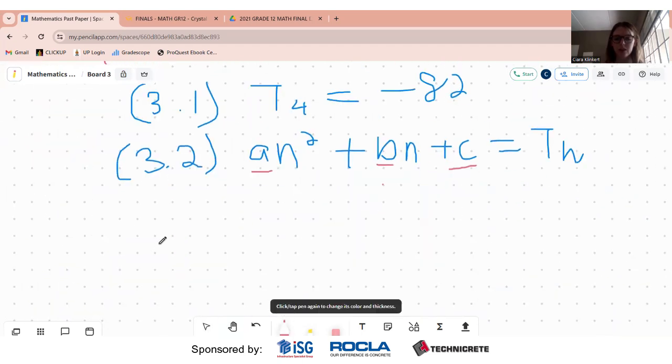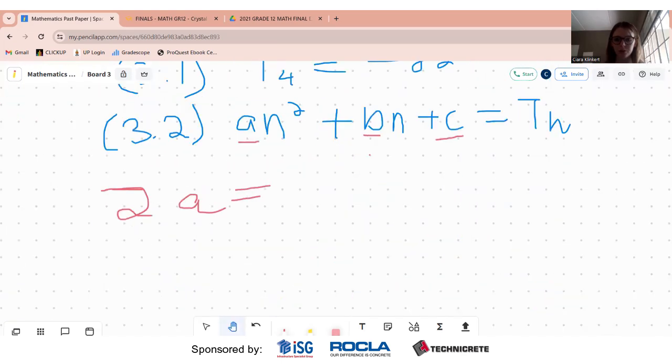So 2a must equal that constant second difference, which in our case is negative 2. So you set up this equation first and you solve for a. You divide both sides by 2 and you get that a is equal to -1.